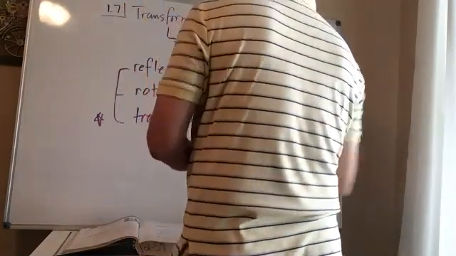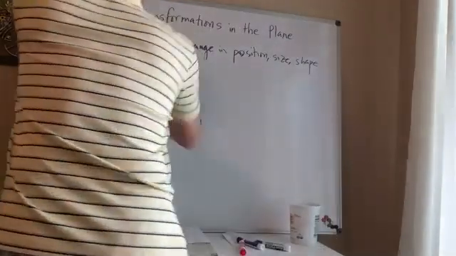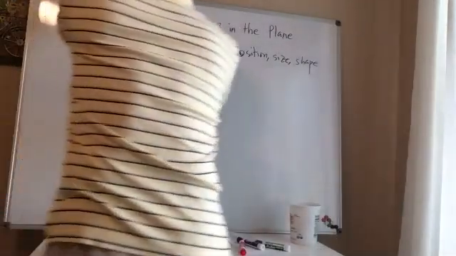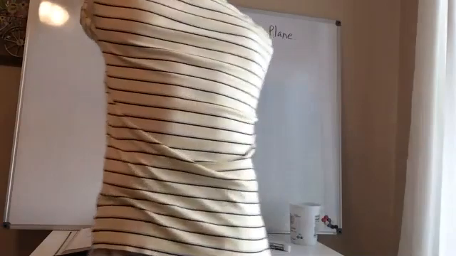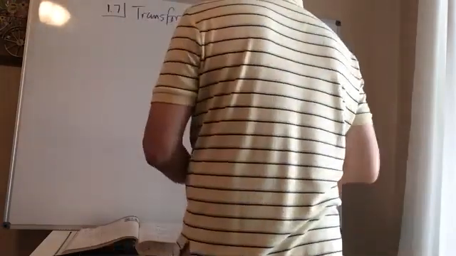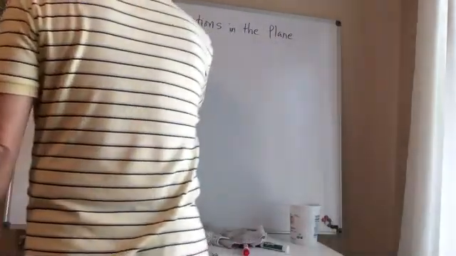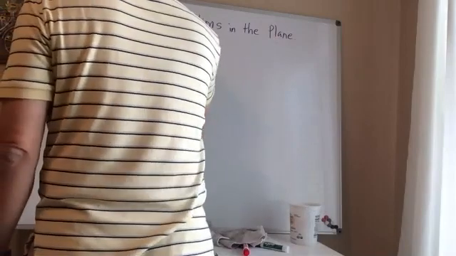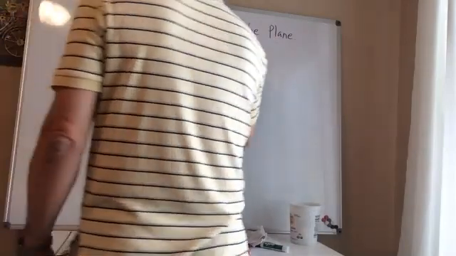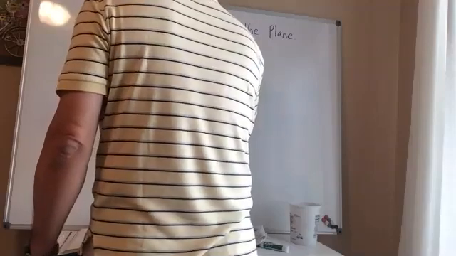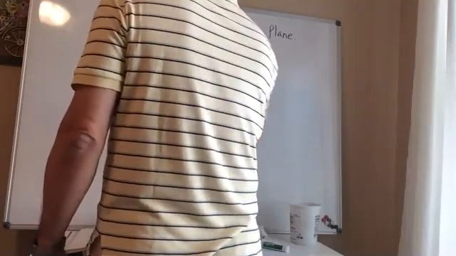Okay. Example number 1, identify the transformation, then use arrow notation to describe the transformation. Okay, so let's go and see if we can do that. So we have a shape that looks like this, and our new shape looks like this.